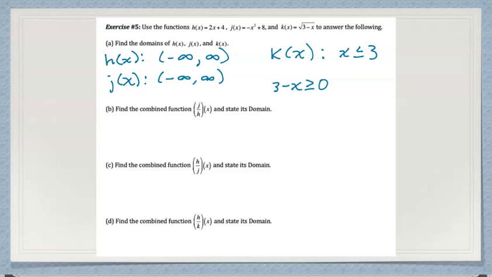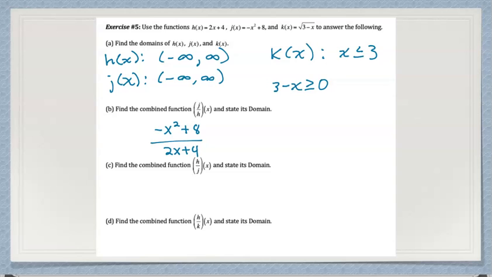When I start combining them, I have to be careful. If I'm going to combine j over h of x, j of x is negative x squared plus 8, and h of x is 2x plus 4. So this is j over h of x.